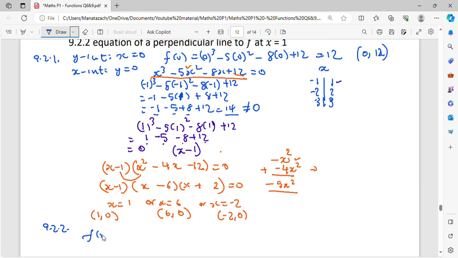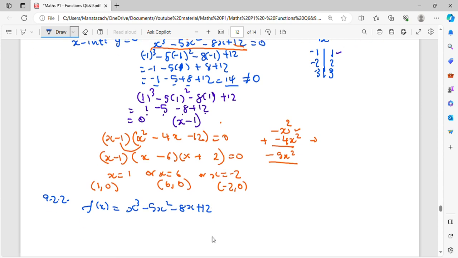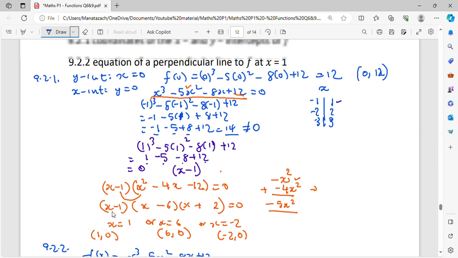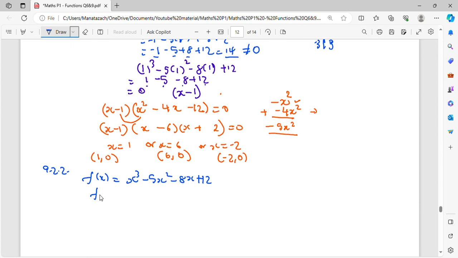First, let's write the equation for f. We need to find the derivative, the gradient, at x is equal to 1.